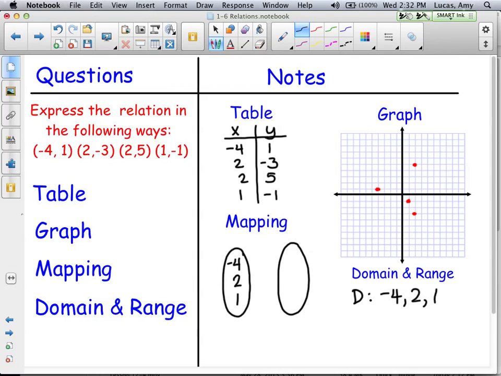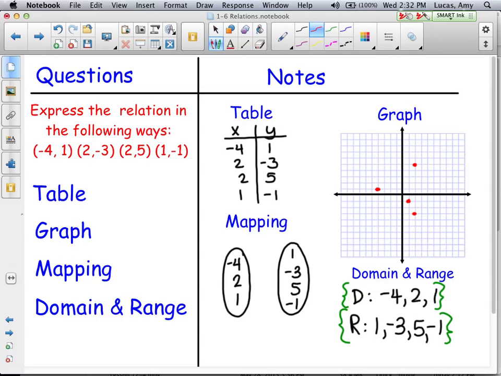Then in my range, I see 4 different numbers. 1, -3, 5, and -1. It's important that you recognize in this range that a positive number is different from a negative number. So 1 and -1, those are 2 different numbers. So in my domain, the 2 repeated, I did not repeat it though. The range, they all occurred separately.